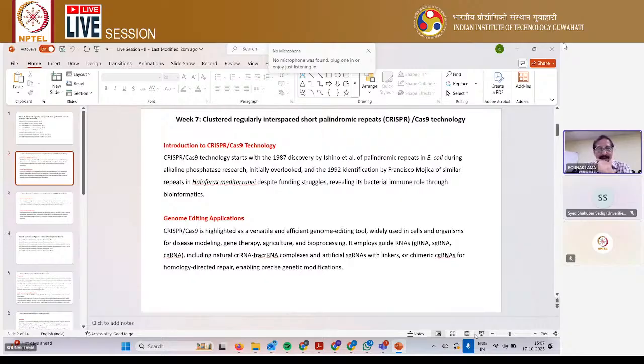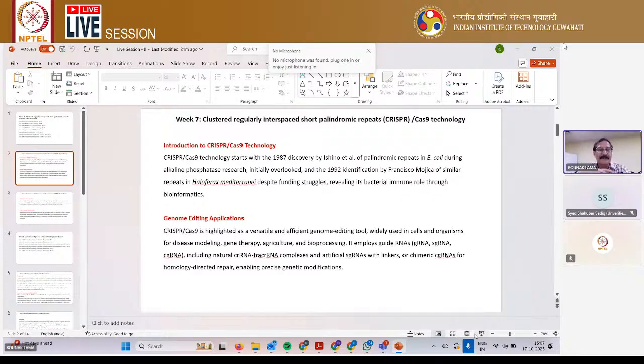Although these were very interesting findings, it was difficult establishing its importance, particularly revealing its role in immunity, particularly in bacteria.